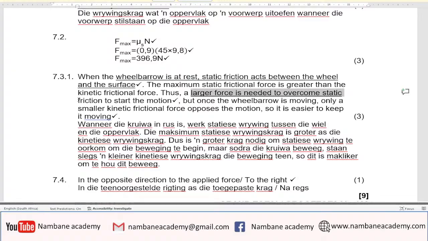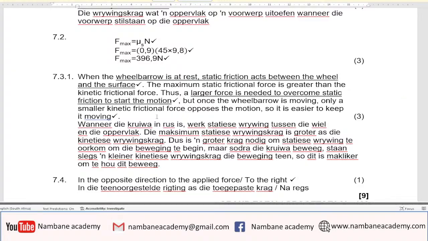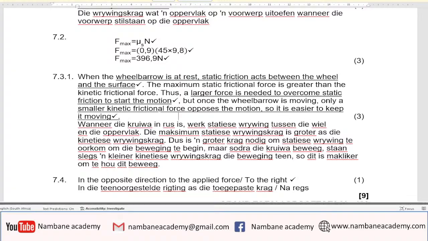So here it is written, when the wheelbarrow is at rest, static friction acts between the wheel and the surface, the maximum static frictional force is greater than the kinetic frictional force. Thus, a larger force is needed to overcome static friction to start motion. But once the wheelbarrow is moving, only a smaller kinetic frictional force opposes the motion, so it is easier to keep it moving.